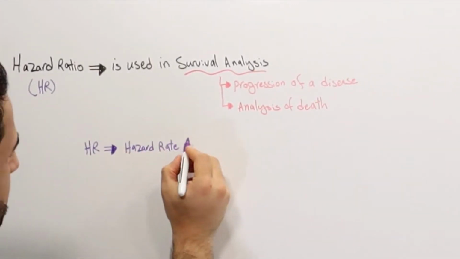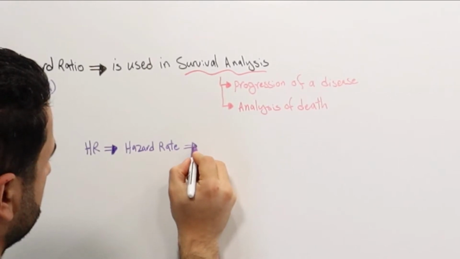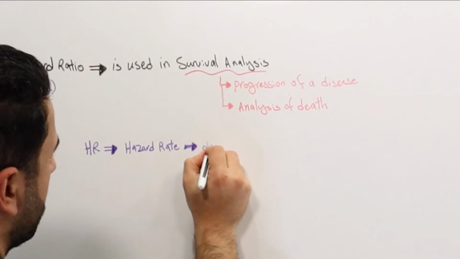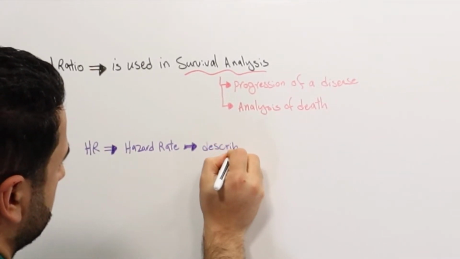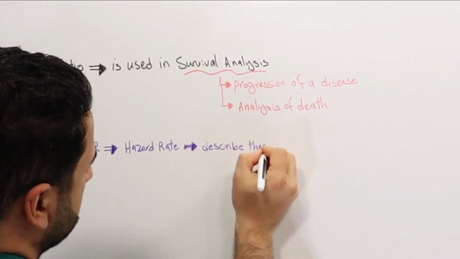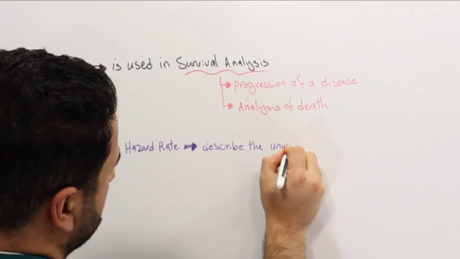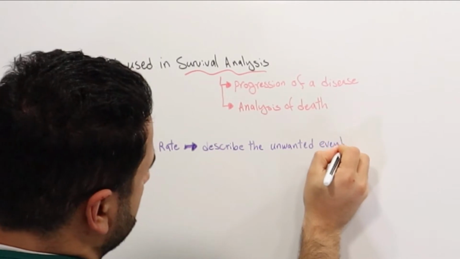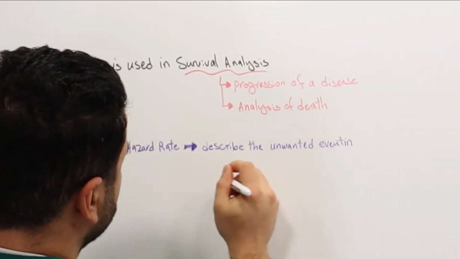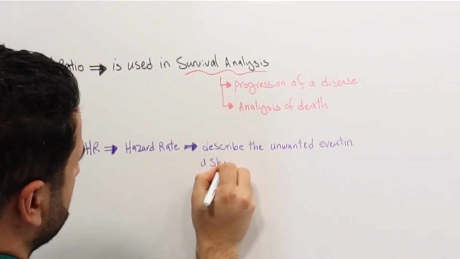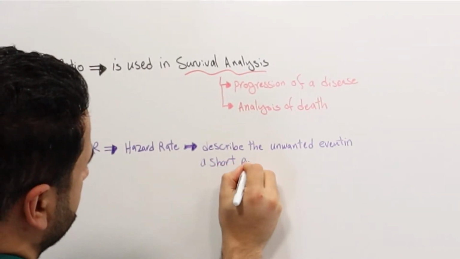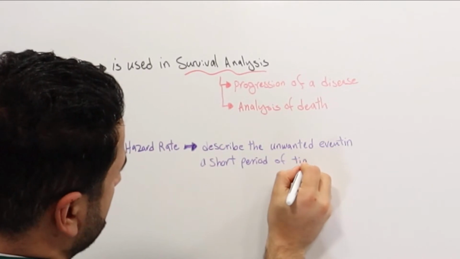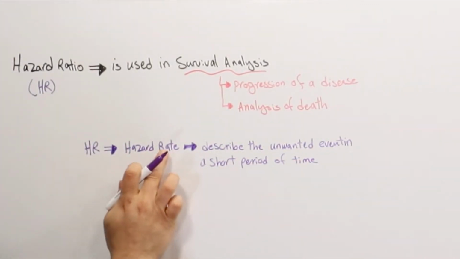And what hazard rate describes is basically the unwanted event in a short period of time. That's what the hazard rate describes.